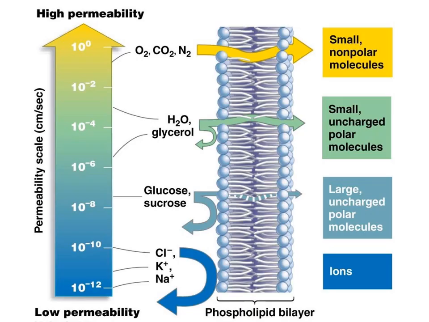This image illustrates the relative permeability of the phospholipid bilayer to different solutes. Note that small, nonpolar solutes, like molecular oxygen and carbon dioxide, can readily cross the bilayer without assistance. Small polar compounds, like water, can squeeze slowly through the bilayer.